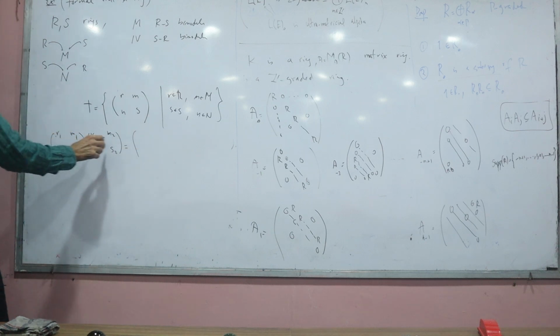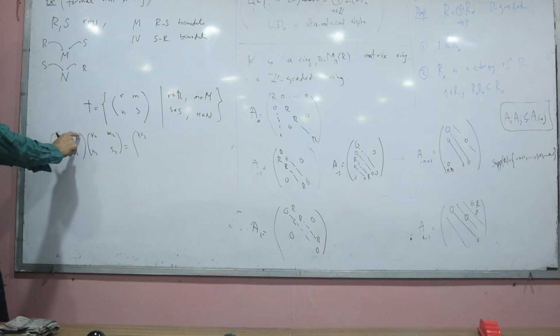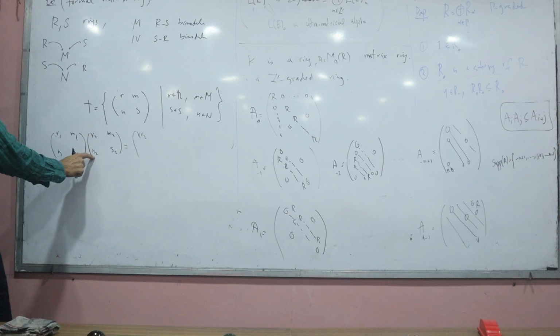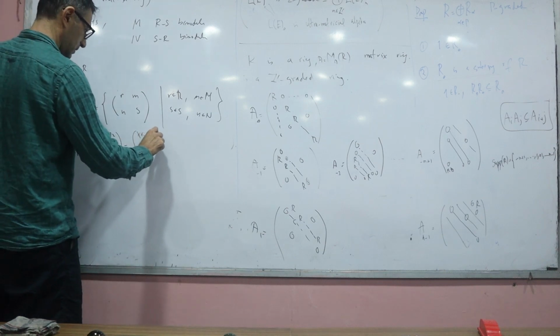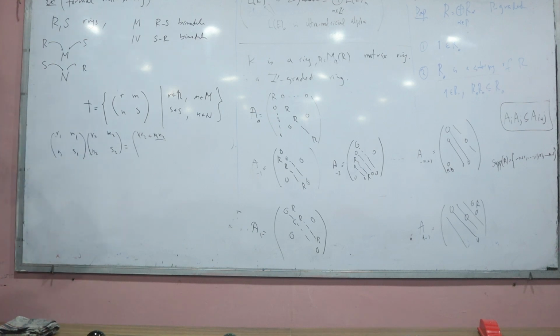So I get R1 R2, that's fine, that's happening inside R. And then I get N1 N2, which I just put here because this doesn't have a meaning. M and N are just two separate entities.